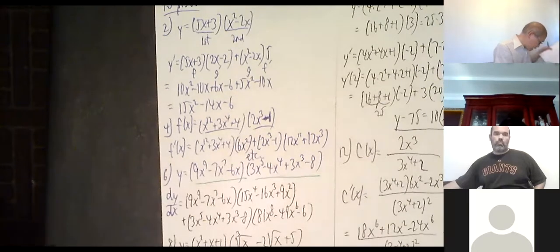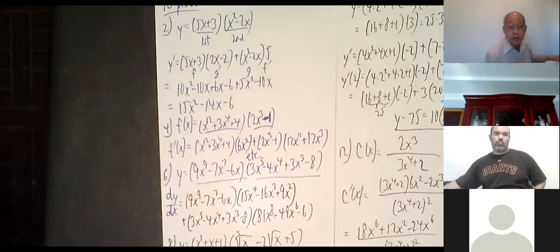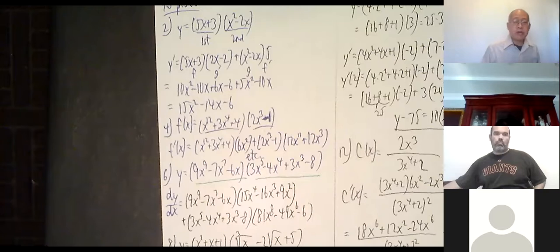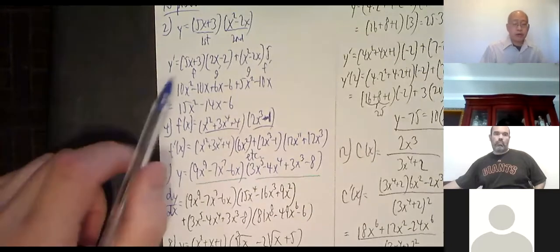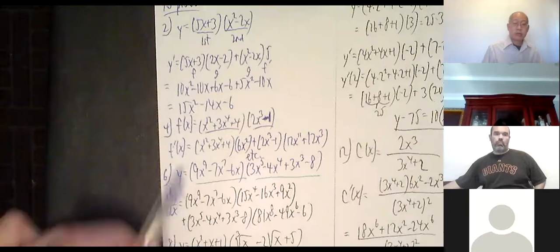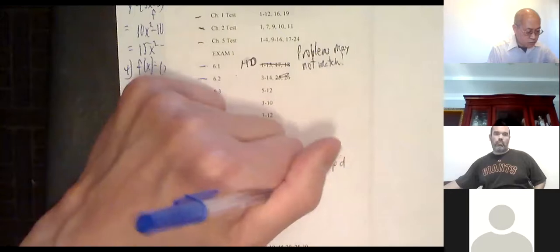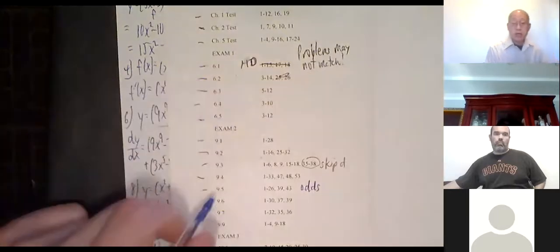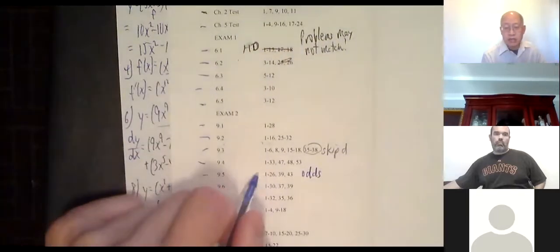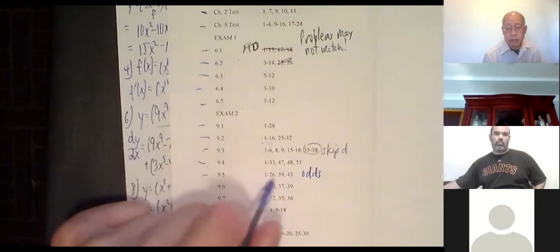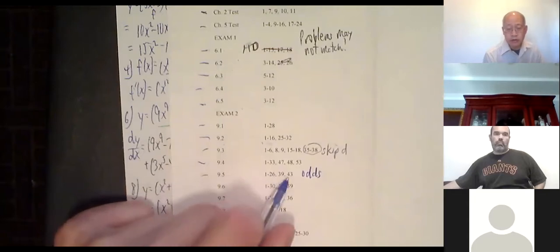I'm noticing these problems don't seem to match. So I'm going to go ahead and change the assignment. I'm giving you the problems that were supposed to be evens so that you wouldn't have to look them up in the back of the book. But I'm doing problems that are not in the book anyway, right? So I'm going to change it to only doing the odds. So 9.5, let's make it only doing the odd problems. 39 and 43 are already odd.